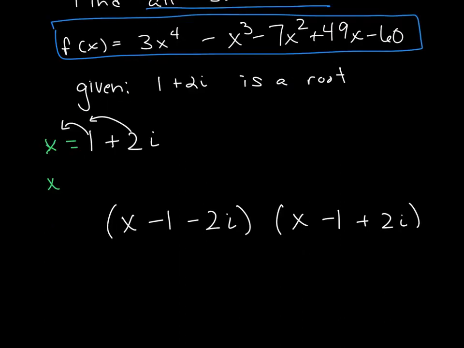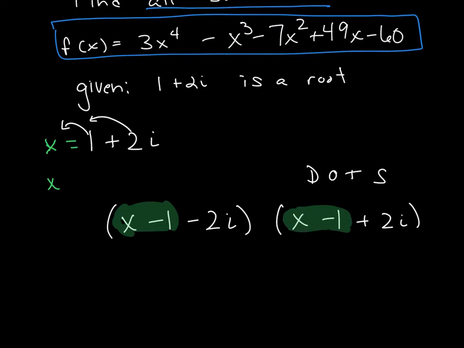Now, the key to doing this easily is by grouping this piece here together and this piece here together, and seeing that this really and truly is just the difference of two squares when you go through and multiply them out.